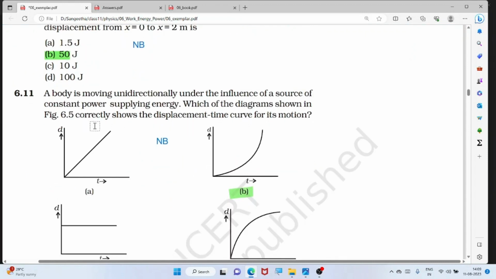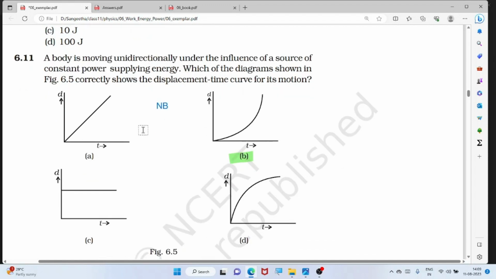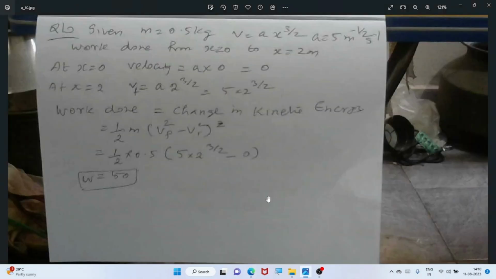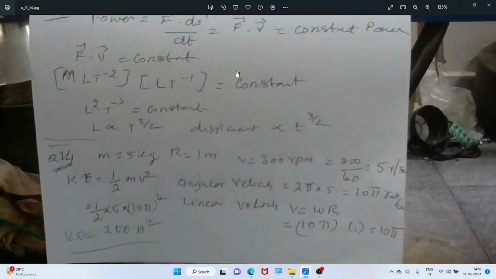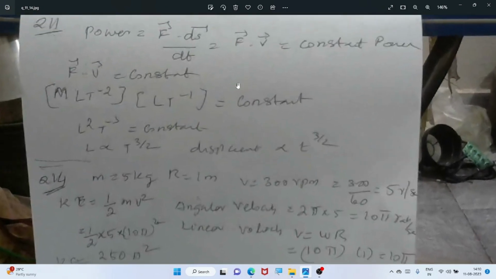A body is moving unidirectionally under the influence of a source of constant power supplying energy. Which of the diagrams shown here shows the displacement versus time? Here we have to use some kind of dimensional analysis.